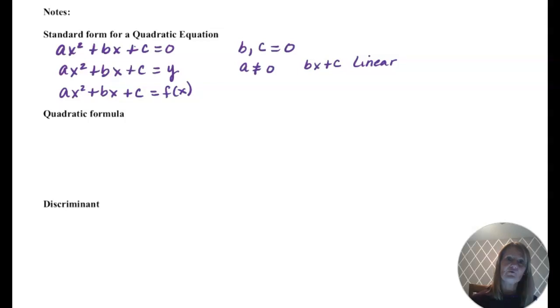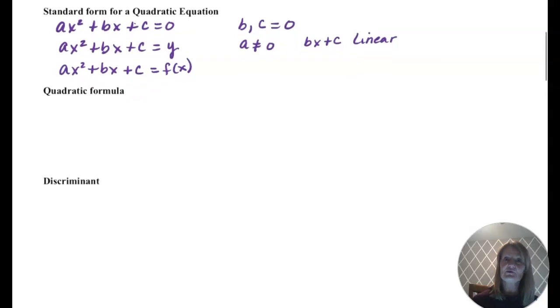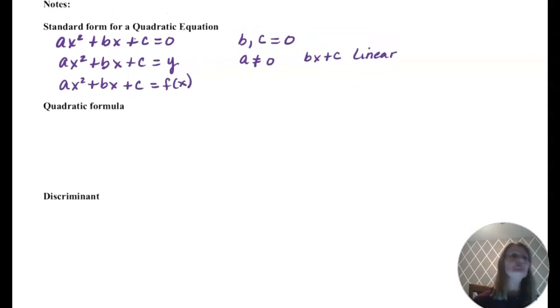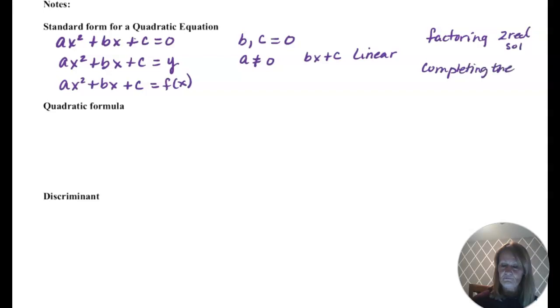Now, the quadratic formula comes from that, and if we have time, I'll actually have you figure out the quadratic formula on your own, but for right now, I'm just going to go ahead and give it to you. We've had three methods for finding the solutions to a quadratic equation. Factoring, where you always had two real solutions, completing the square, and now we've got the quadratic formula.